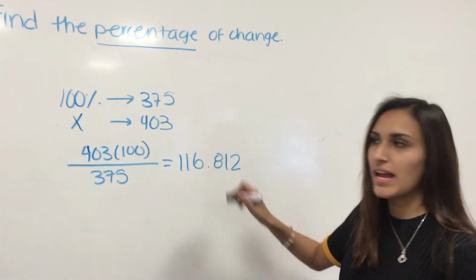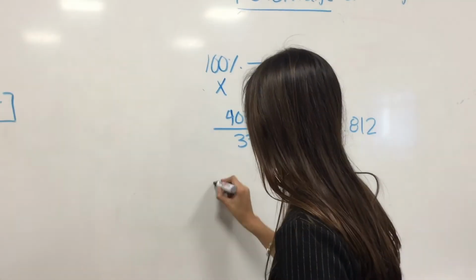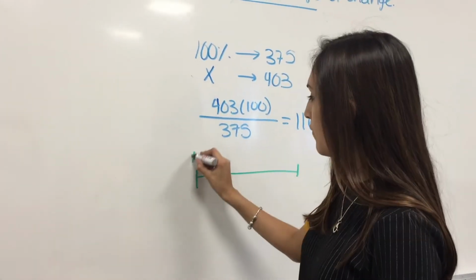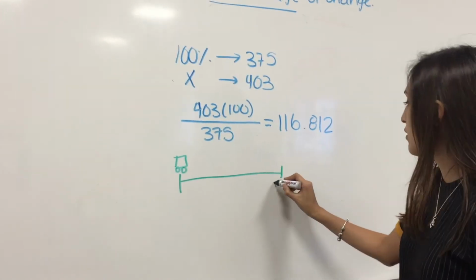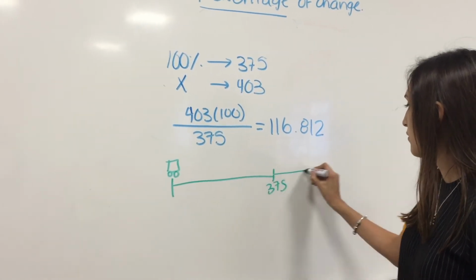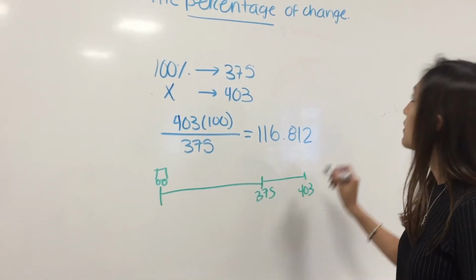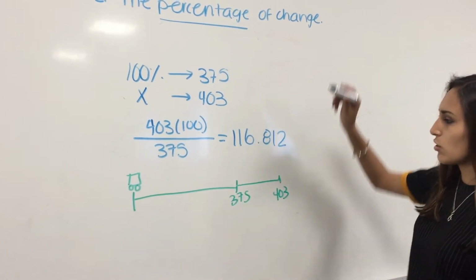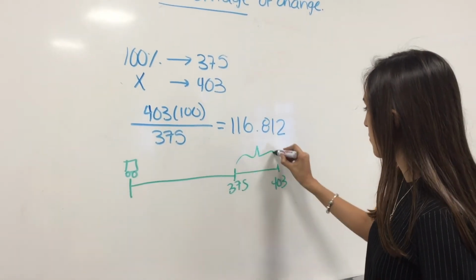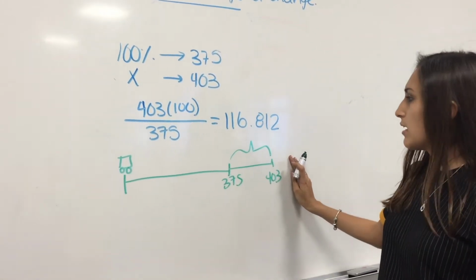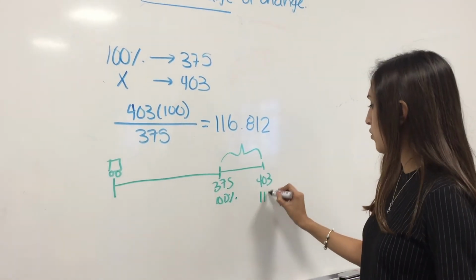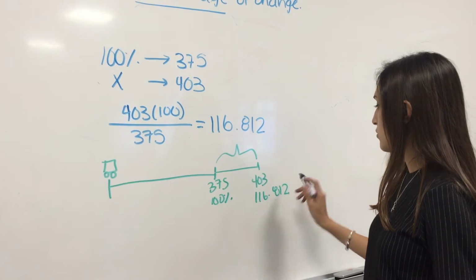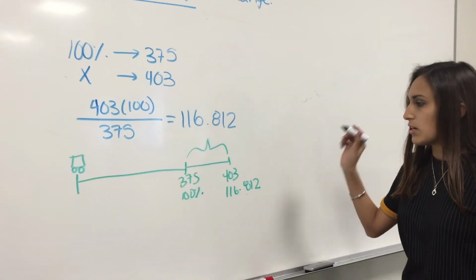But this is not your answer, because your problem is telling you that you have a vehicle that stops at different distances, which are 375 and 403. So your percentage of change will be what you get between these two distances. So you have, this is your 100%, and this will be your 116.812%.